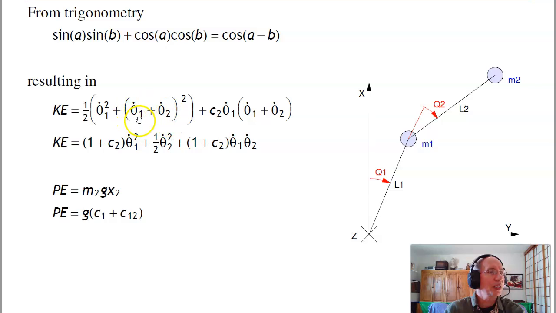Theta 1 dot times theta 2 dot times 2 times a half gives you 1 plus cosine theta 2, theta 1 dot, theta 2 dot. So there's the kinetic energy, and the potential energy is g C1 plus C12, the first mass and the second mass.